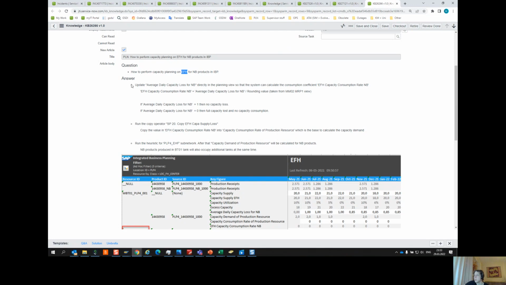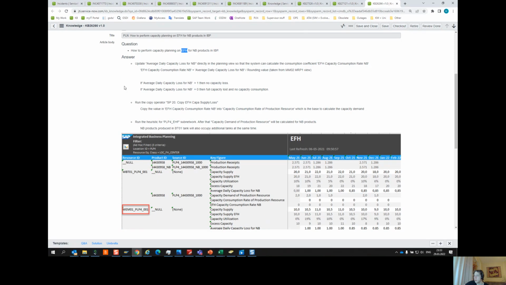Anyway, this is a how-to article, not really an issue-based article, and it just describes the process of capacity planning.